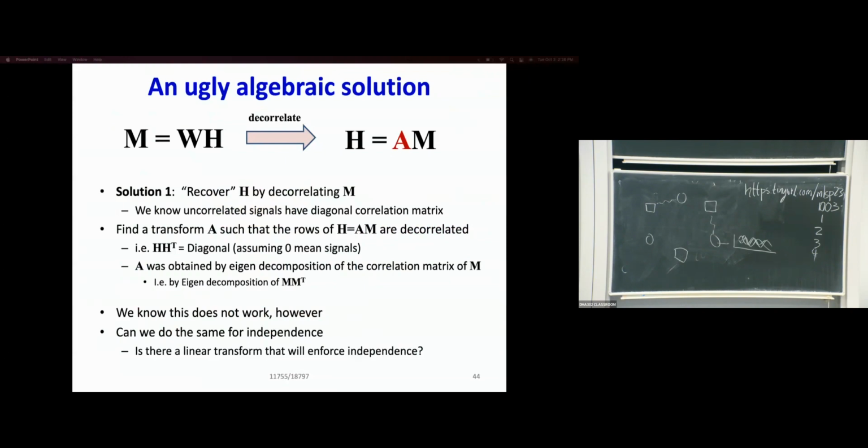We don't care, let's decorrelate M. Let's just find a matrix that makes H diagonal, because when a matrix is diagonal, it's uncorrelated. So you can do the eigen decomposition of MMT, but like I said, PCA does not work here. We have to enforce independence at the start.